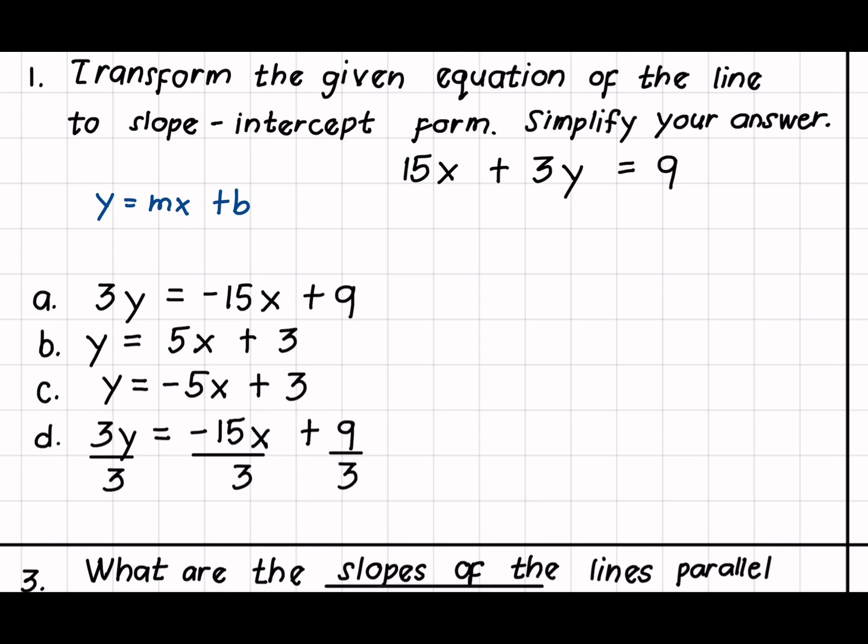So in order to do this, we can write the given equation 15x plus 3y is equal to 9. We have to eliminate 15x on the left side because the x should be on the right side of the equation. So in order to eliminate 15x, we have to subtract 15x from both sides of the equation.